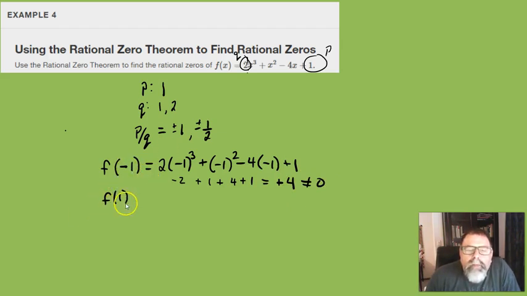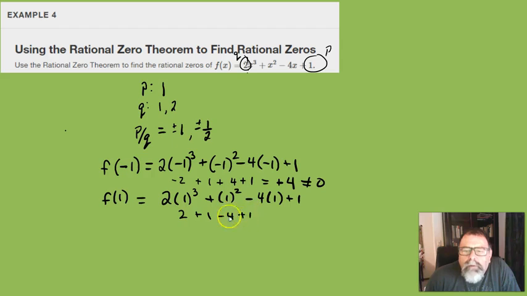Now we're going to try positive 1. So we just plug in the 1. So we get 2 plus 1 minus 4 plus 1. So 3, 4 minus 4 is 0. Okay, so that one works. Now we're going to try 1/2.